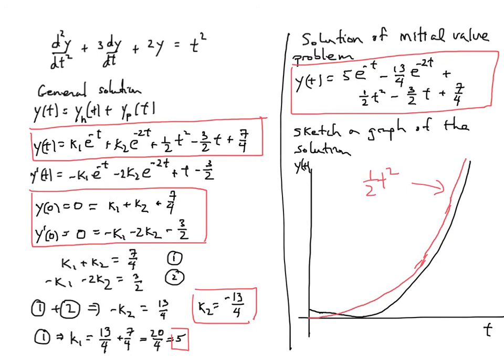I'd be looking at what is the largest term, the dominant term, and it is 1/2 t squared, and that's what I would draw as my basic behavior of my solution. Okay, I hope that helps. Good luck.